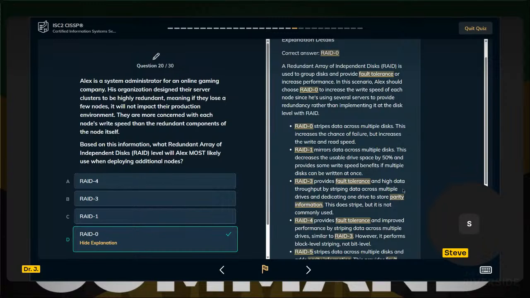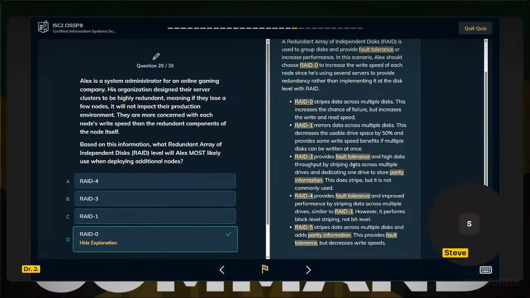Yeah, it's RAID 0. RAID 0 stripes data across multiple disks. This increases the chances of failure, but increases the write and read speed. I thought when you go higher, you use more discs. Is that like 5 or 10?